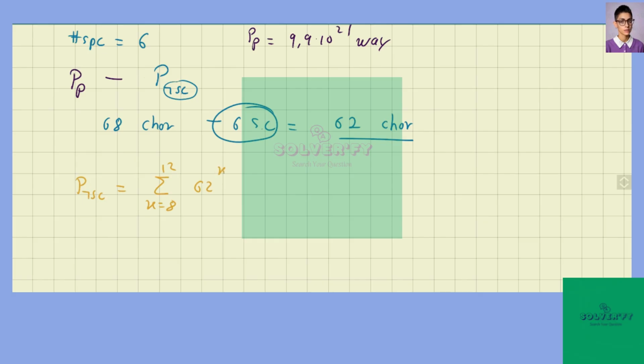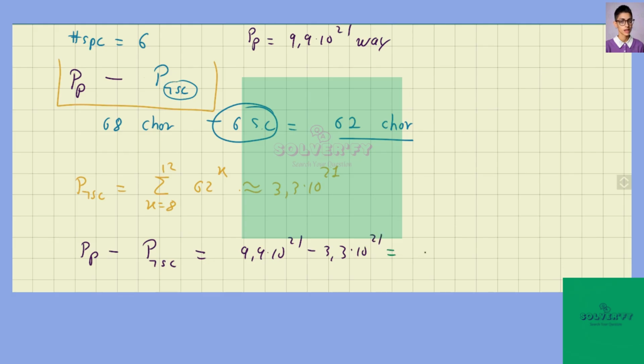So we have here 62 to the k power. The approximation of this number is 3.3 times 10 to the 21. And we need to calculate the subtraction of these two quantities. So all the possible passwords minus the passwords that do not contain the special characters is going to be 9.9 times 10 to the 21 minus 3.3 times 10 to the 21, and this is equal to 6.6 times 10 to the 21 power.